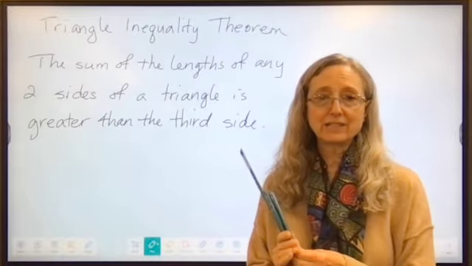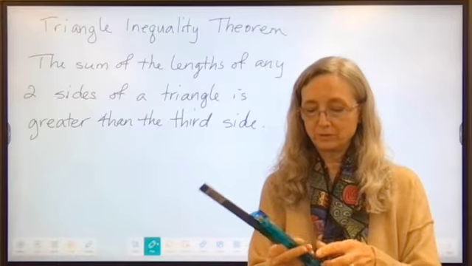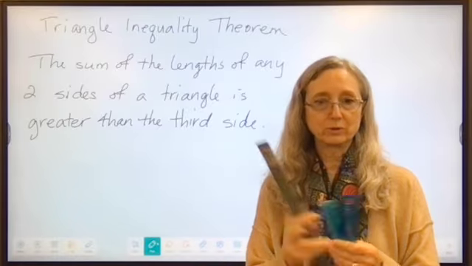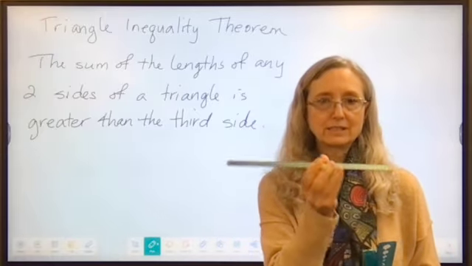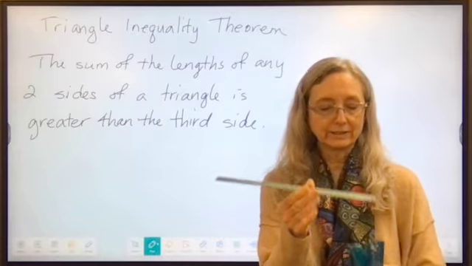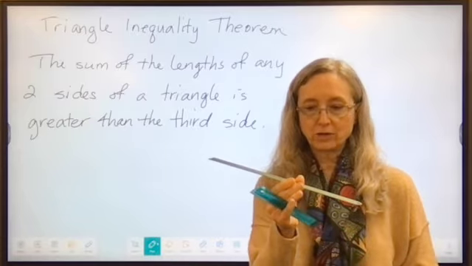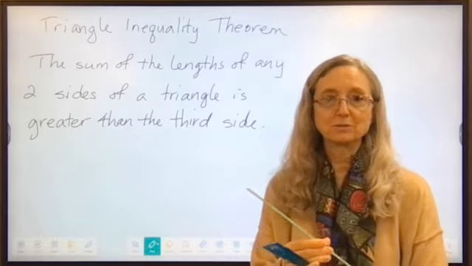I have some different size rulers here. I have 1, 2, 3, 4 different rulers, and I want to make some triangles out of them. So let's say this is one side of my triangle. I'll pick this long one. If I want to make a triangle out of two of the other ones, I'll use these two.